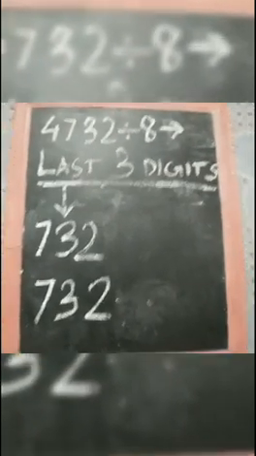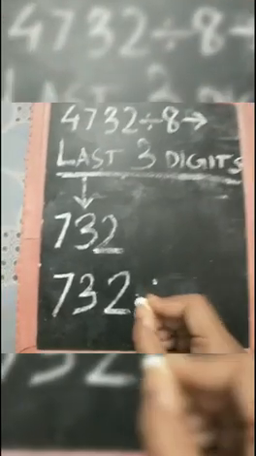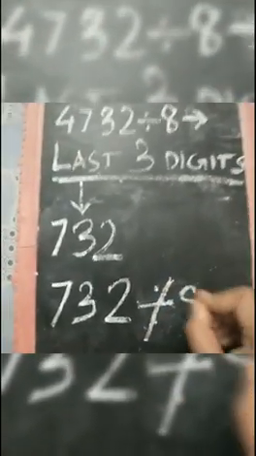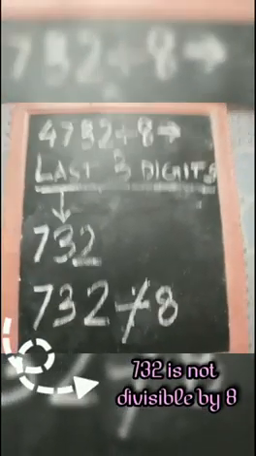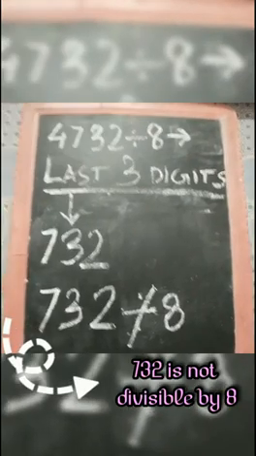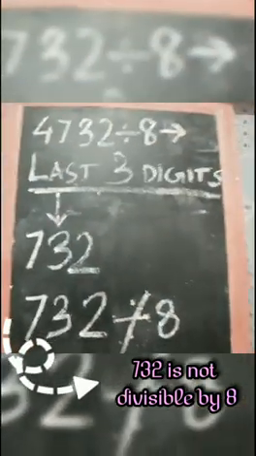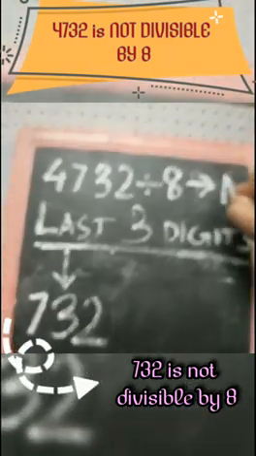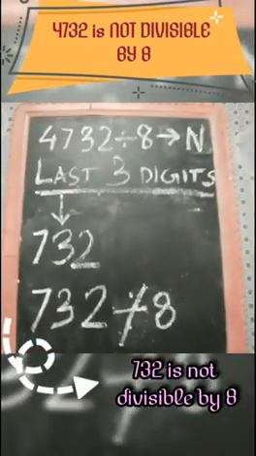If we do the division, we will see that 732 is not divisible by 8. Okay. So the number 4732 is not divisible by 8. Okay.